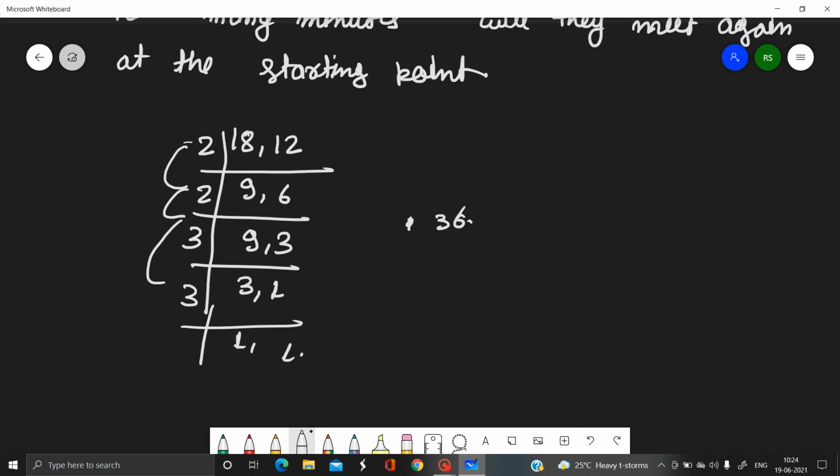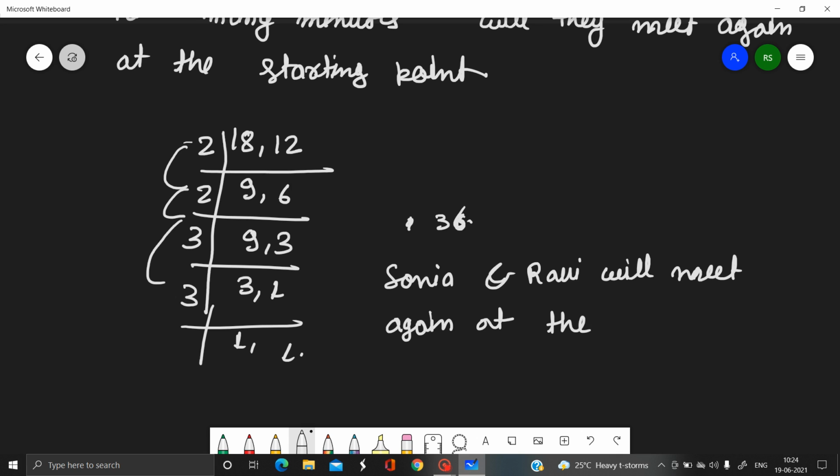It means Sonia and Ravi will meet again at the starting point after 36 minutes.